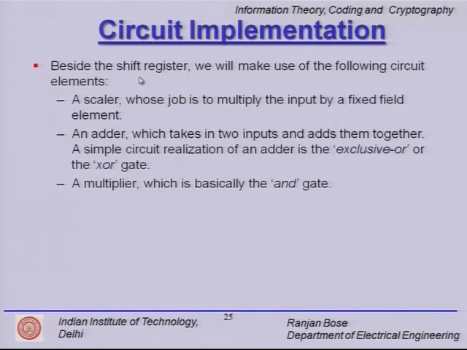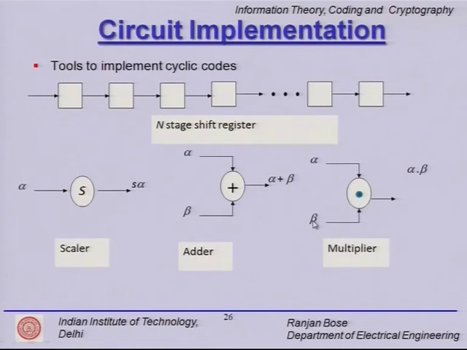Besides the shift register part, for the non-binary case we sometimes require multiplication by a scalar, addition and multiplication. Addition is nothing but a binary addition, and multiplication is nothing but an AND gate. So circuit implementation is really the key to fast, cheap, efficient implementation of large cyclic codes.